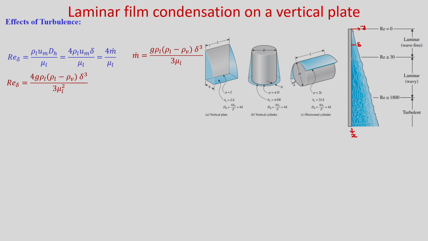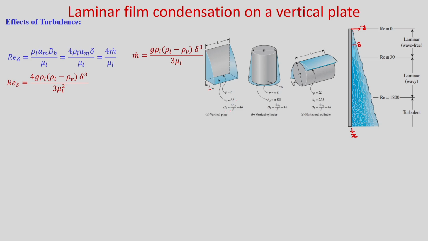So, if this is your L, L is the width of the vertical plate, and the perimeter P will be L at any cross section, and the flow area AC will be L into delta, because at a particular x the thickness is delta, so the flow cross sectional area will be L into delta.